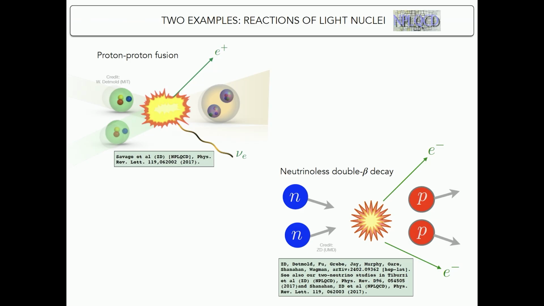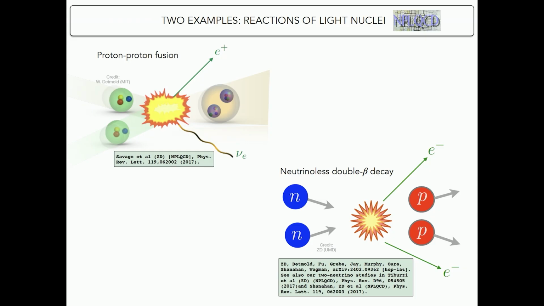Another process that is quite interesting is this exotic process called neutrinoless double beta decay. This is a process that would not occur in the standard model, but there are, again, billion-dollar experiments that are running or planned to discover a process like this that would tell us that the standard model is broken. And it is very important that we understand the rate of this reaction from first principles.